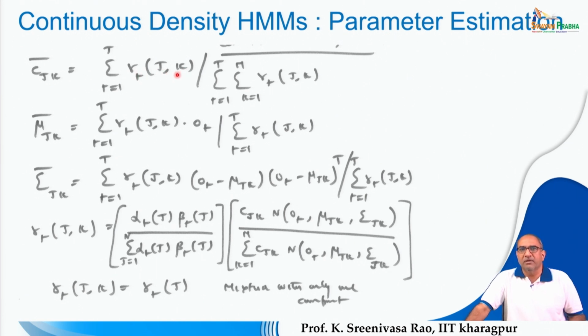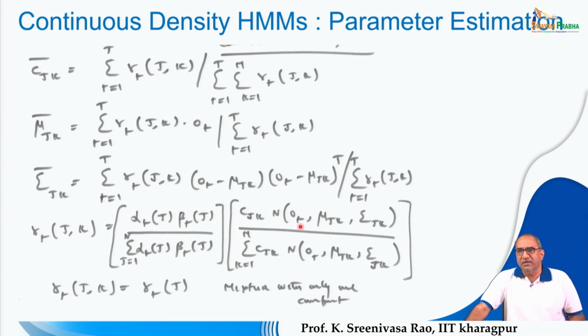So you can see that Cjk, mu jk and the covariance matrices are computed using gamma t of jk, with the summation over all t symbols and for all components. That way you can compute Cjk bar, the mean vector mu jk and the covariance matrix. Gamma t of jk is computed similarly to gamma t of i.